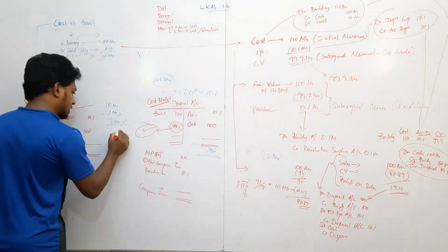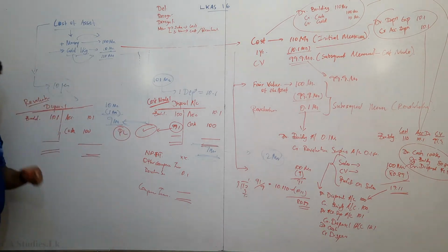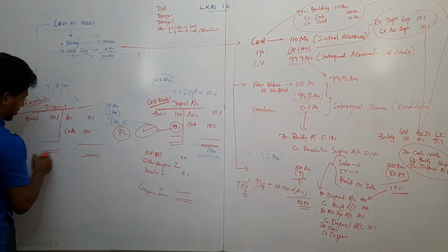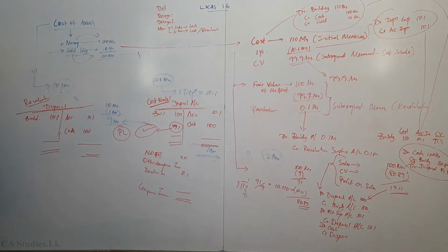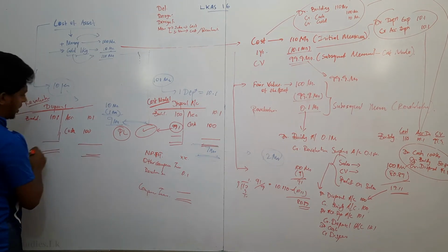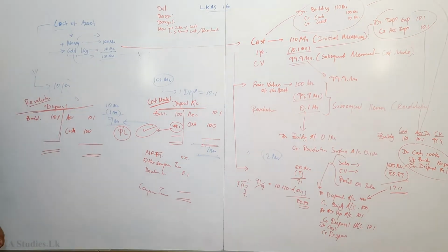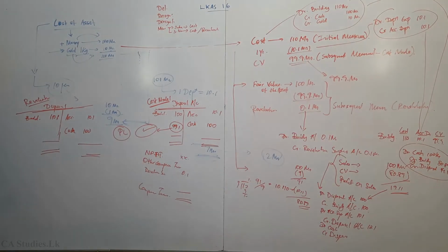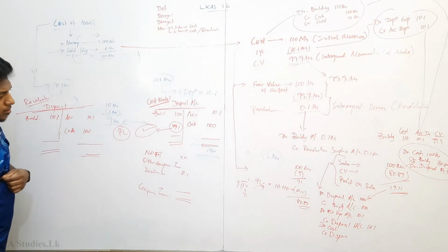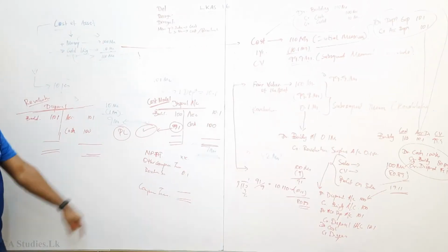99.1 million directly charged to the profit or loss, right? Here how much? 100 and... so this is 100 and... we are in second year, right?